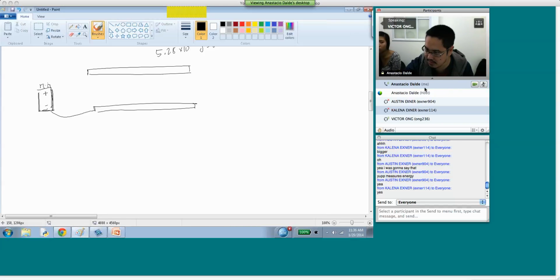So this guy's connected to the positive side, that guy's connected to the negative side. And these plates are getting charged. And what's the voltage in between them? That would be 12 volts.